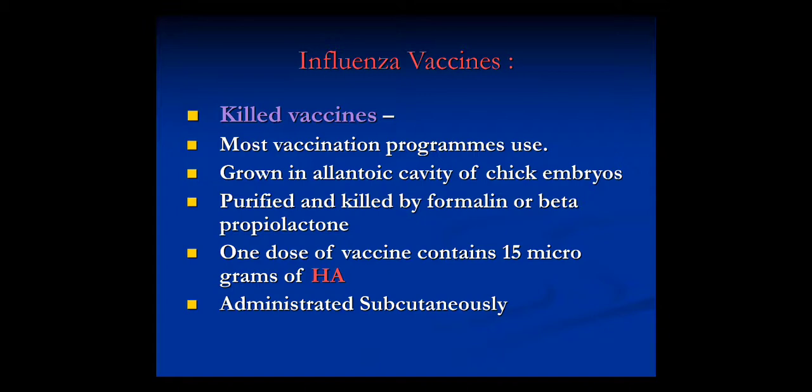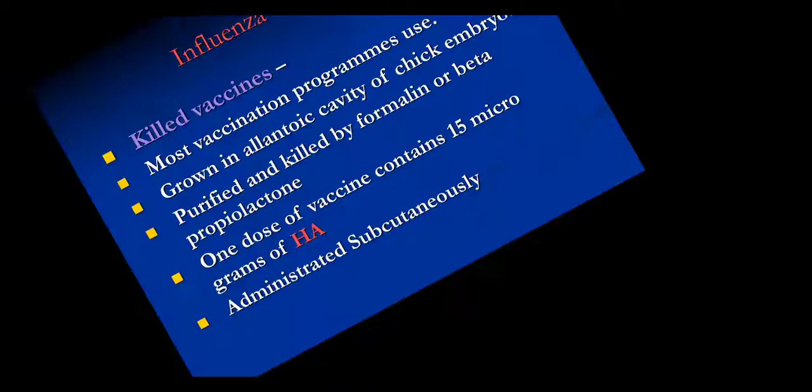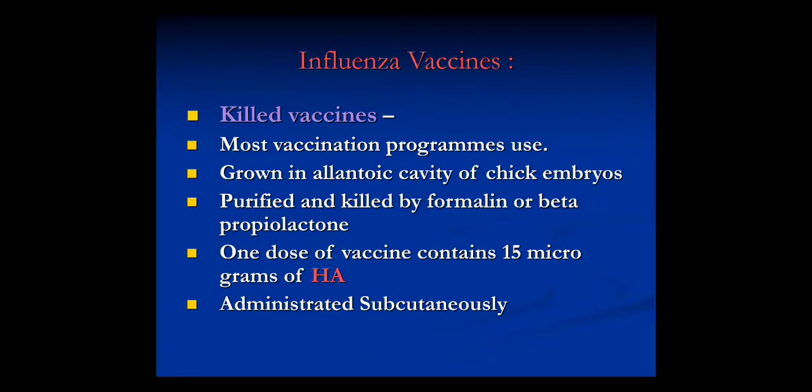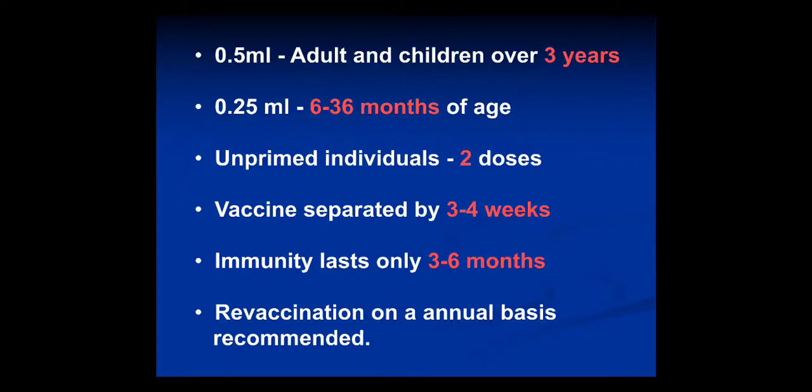So coming to the influenza vaccine, it's a killed vaccine. Mostly vaccination programs, its viruses grown in allantoic cavity of chick embryo, purified, killed by formalin or beta propiolactone. Okay, 1 dose of vaccine contains 15 microgram of HA, administration subcutaneously, 0.5 ml adult and children over 3 years.